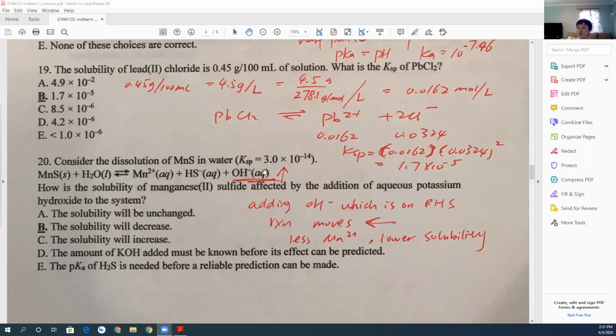Remember for this type of calculation, there's a rule that because it's the same temperature, Ksp doesn't change. So when the concentration of one of the products increases, the other will decrease. If you increase the hydroxide concentration by adding potassium hydroxide, which is a totally soluble salt, the manganese concentration will decrease, and the manganese concentration refers to the solubility of this compound. So the solubility will decrease.